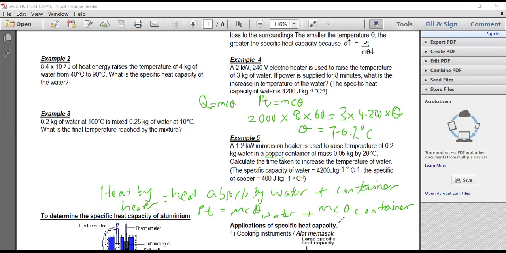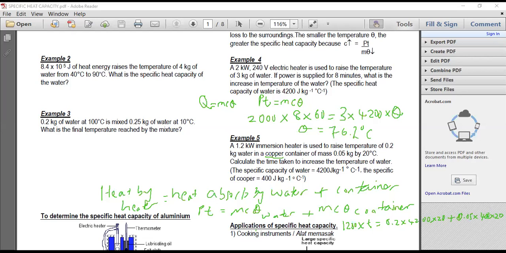So basically your power is 1200 times T, equals mass of water 0.2 times 4200 times change in temperature 20, plus the heat absorbed by the container: 0.05 times 400 times 20.